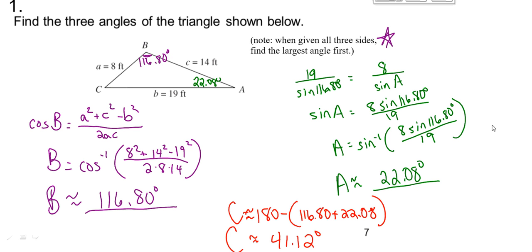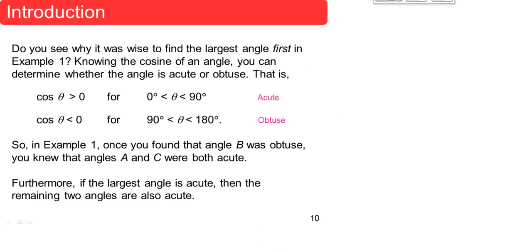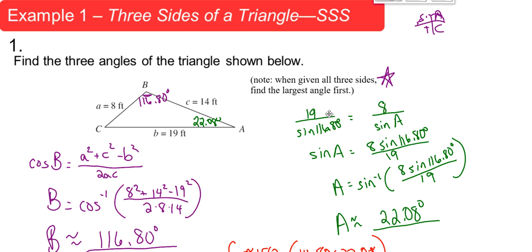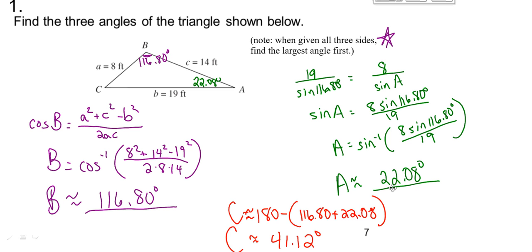Now, keep in mind, with all these different methods, we just have to be cautious as we go through these problems. And again, you could just use the law of cosines for all three angles, and that would be fine. Now, moving along, this goes over the reminder that suppose for a minute that we'd have found angle A, which is 22.08, using the law of cosines.